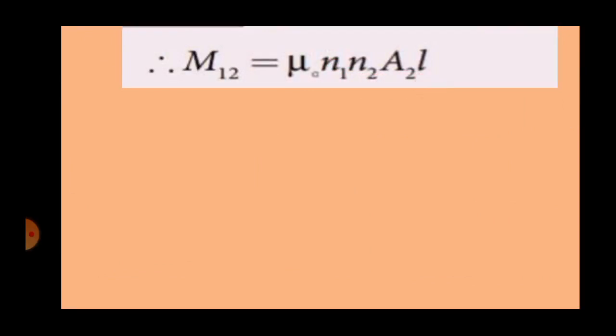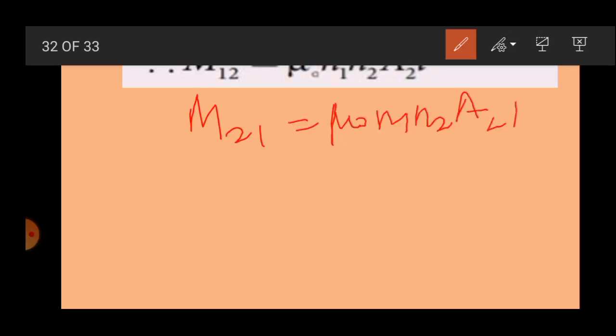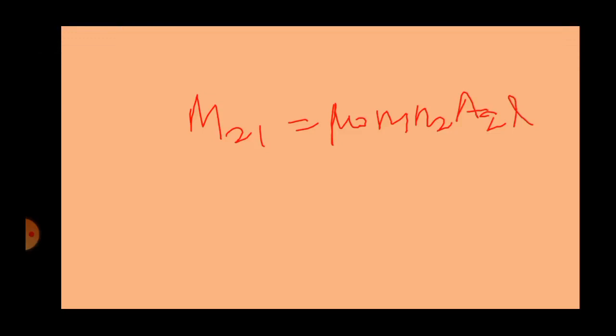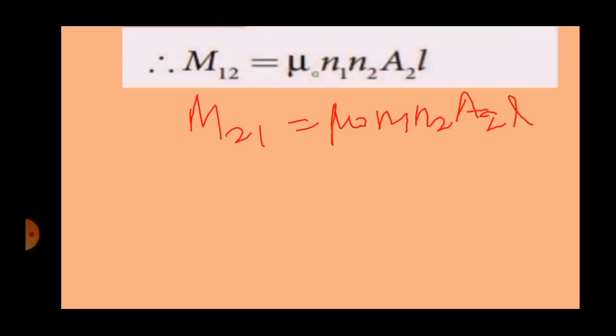So students, from this equation M21 is equal to mu naught N1 N2 A2 into L, and here also M12 is equal to the same magnitude.